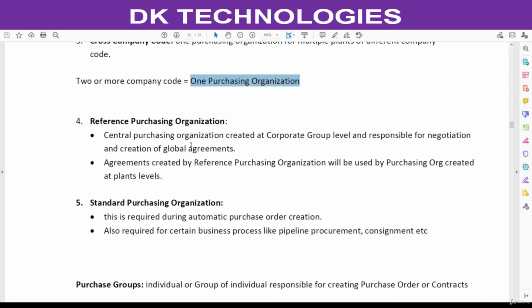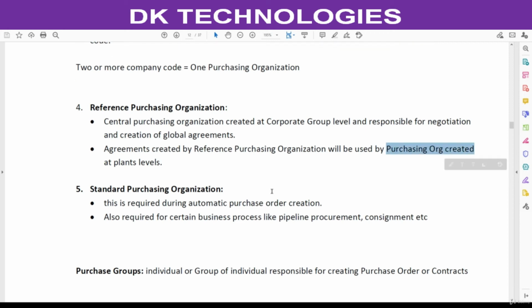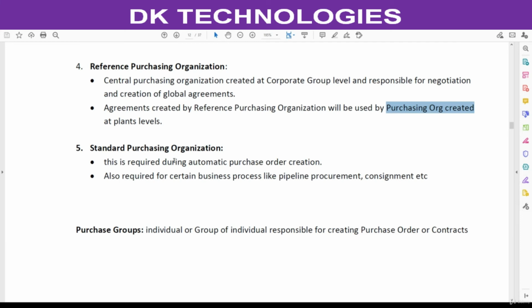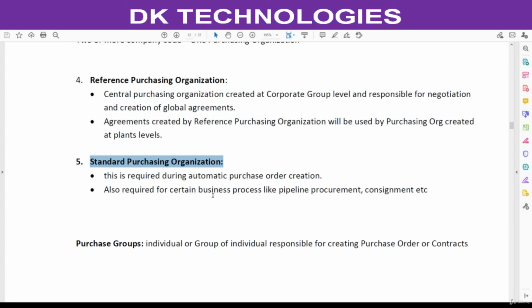This is central purchasing organization created at a corporate group level, responsible for negotiating and creation of global agreements. In turn, these agreements will be used by local purchasing organization created at plant. Standard, this is for automatic purchase order creation. We need a standard purchasing organization, also required for certain business processes like pipeline and consignment.